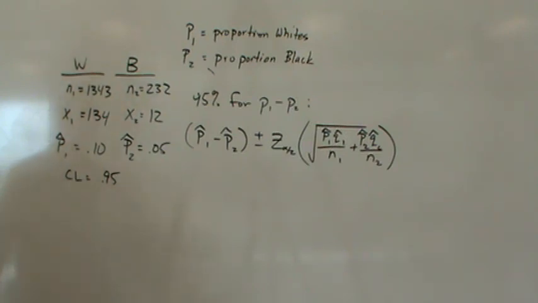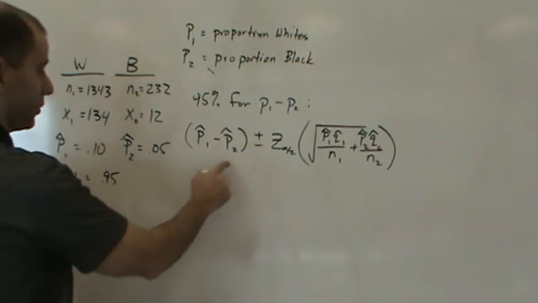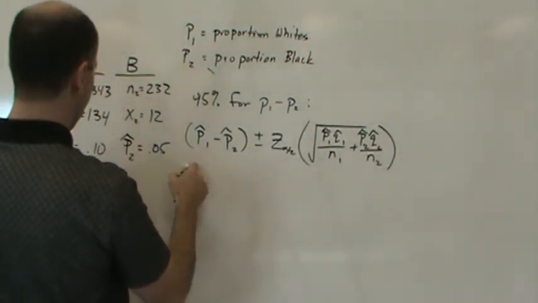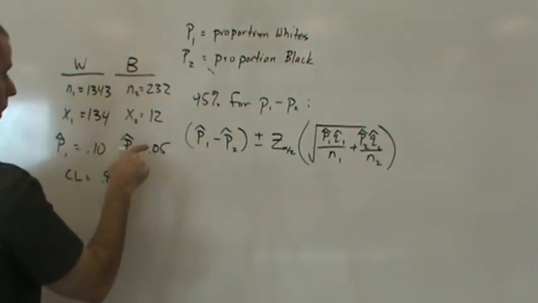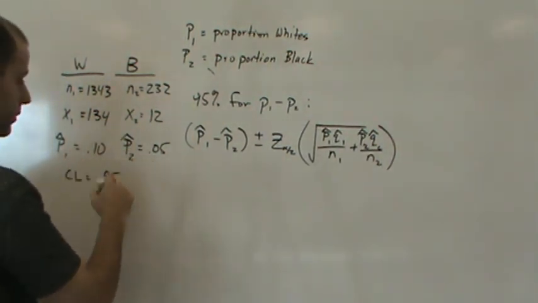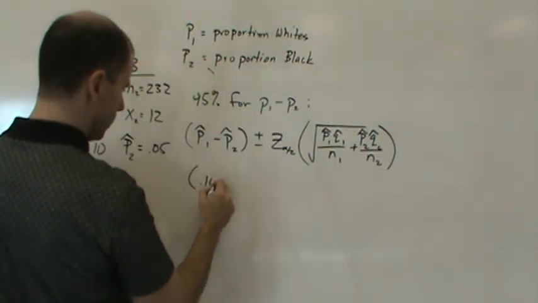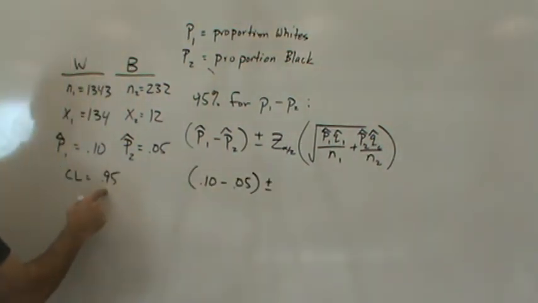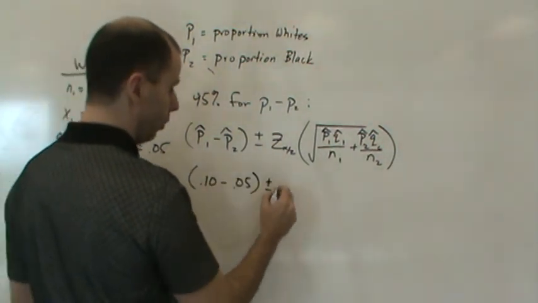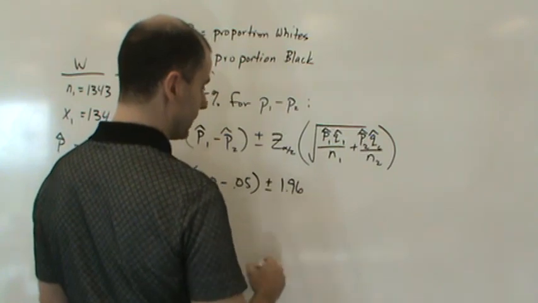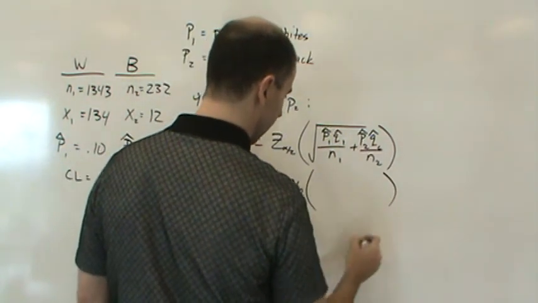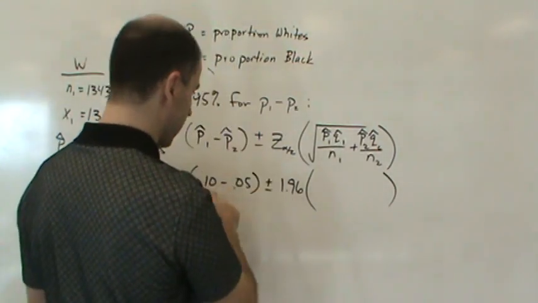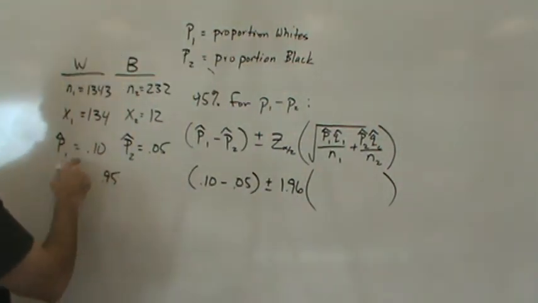Now, with that being said, we have everything we can plug into the formula. It's going to be 0.1 minus 0.05, so 0.10 minus 0.05, plus or minus. For a 95% confidence interval, we should know that the critical value is 1.96. Now we just plug in our P hat and Q hat.